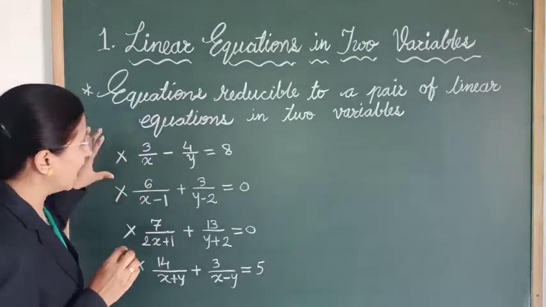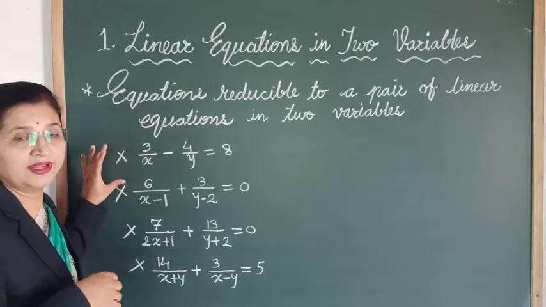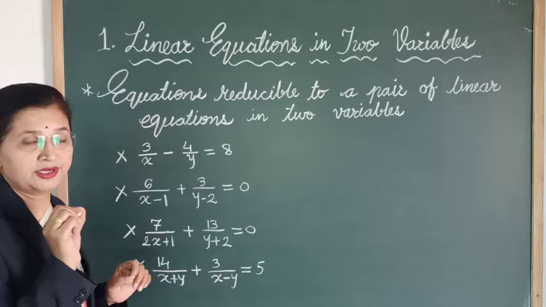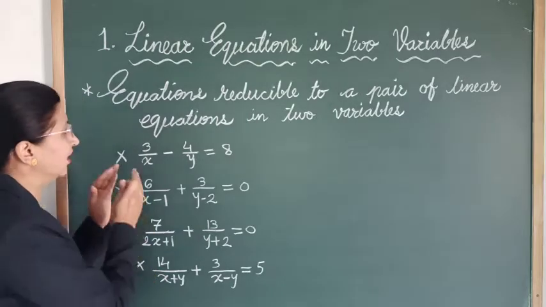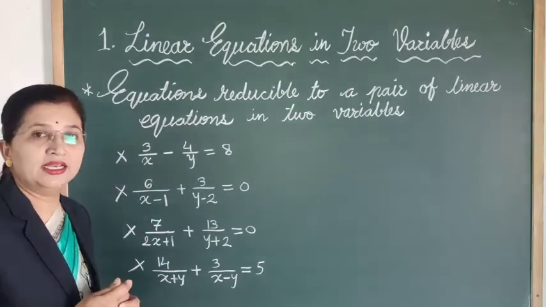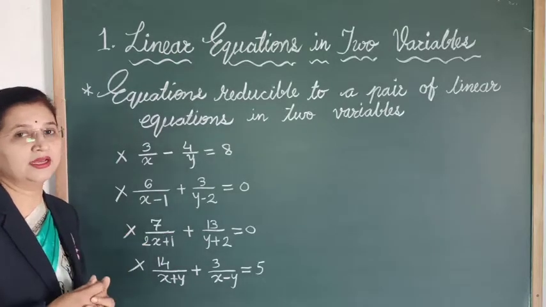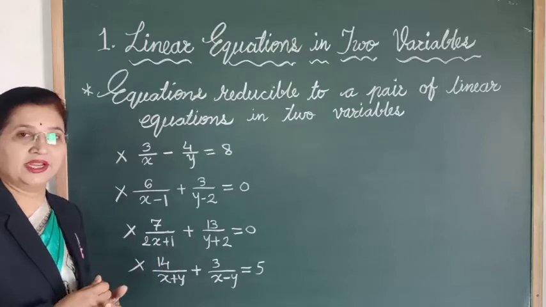But by proper substitution of a new variable, we can convert these equations into linear equations in two variables. So let's see how we can make the changes in the given equations.